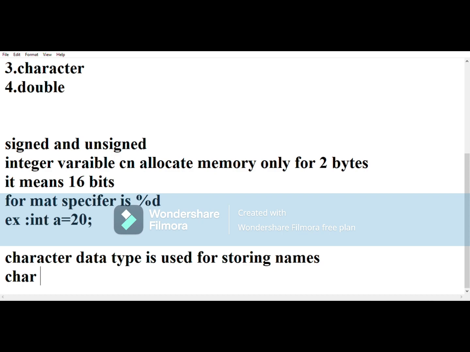Any value assigned to a character variable must be in single quotation marks, only single quotation. The format specifier for this is %c. Only 1 byte will be allocated for this, which means 8 bits.